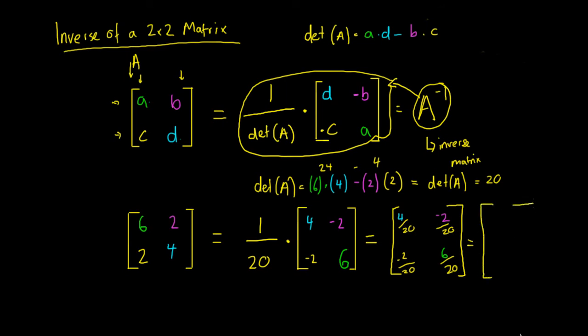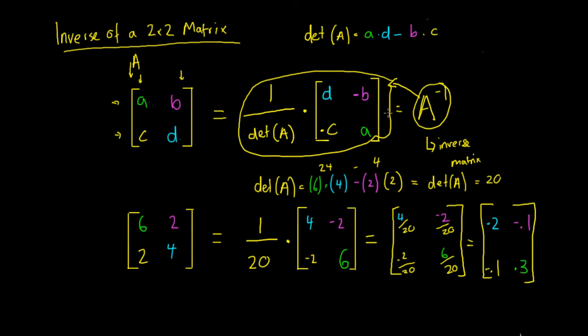I'm running out of room here. We can simplify that down again, so 4 on 20 as a fraction is going to be 0.2. Negative 2 on 20 is going to be negative 0.1. It's the same for both sides, so negative 2 on 20 is also going to be negative 0.1. And then we've got 6 on 20, which is going to be positive 0.3.